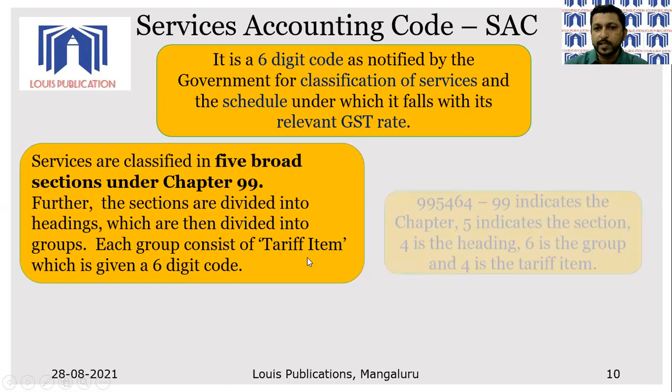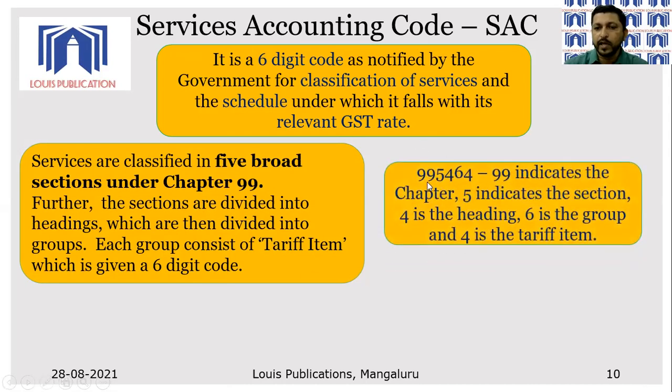Let's decode this SAC. Suppose you have an item number 995464. So 99 indicates the chapter. The next number, 5, indicates the section among the 5 broad sections.